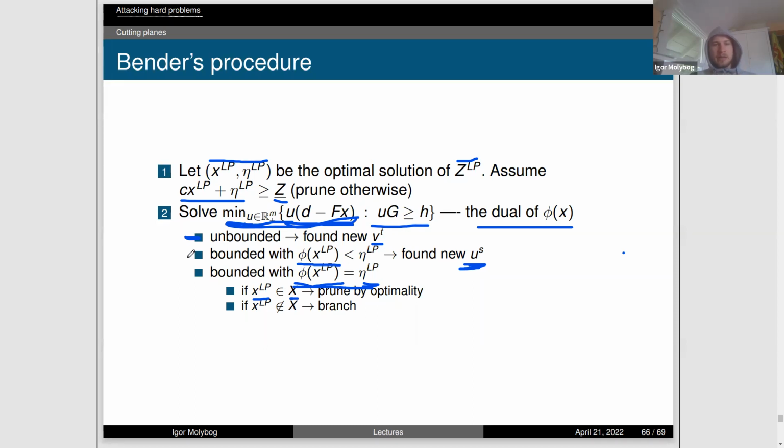We have found a new extreme point once, and we have found phi of x being equal to eta at least 3 times, right? And once we have pruned by optimality, and twice we have branched at this point, and we have used this inequality once in the node 4 in order to prune it out.